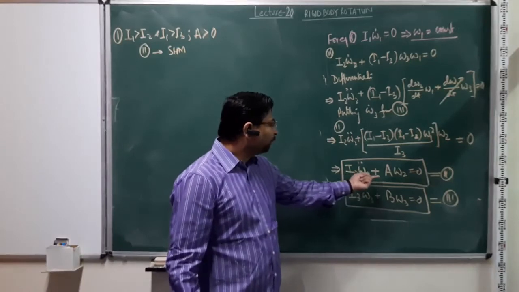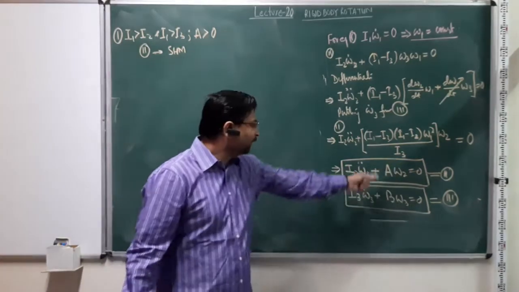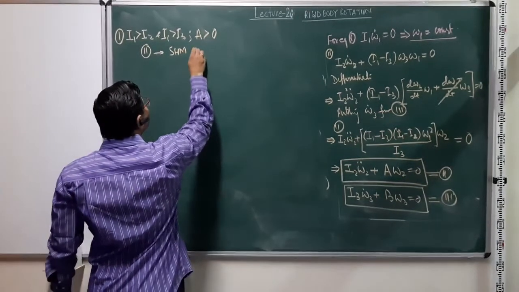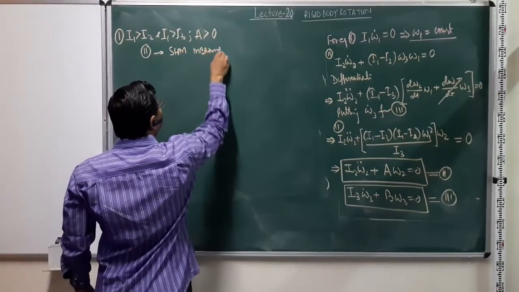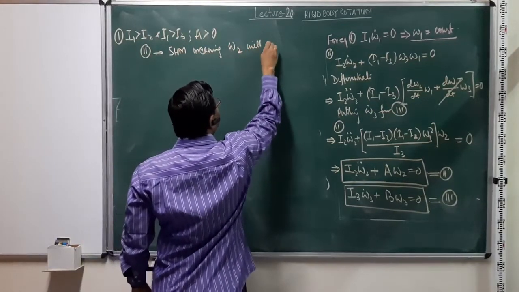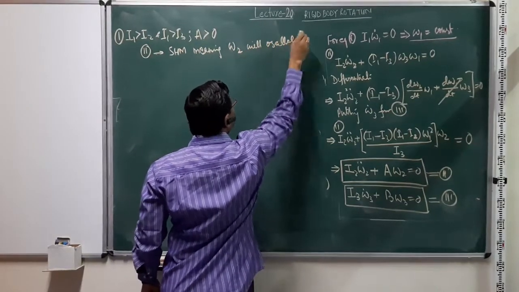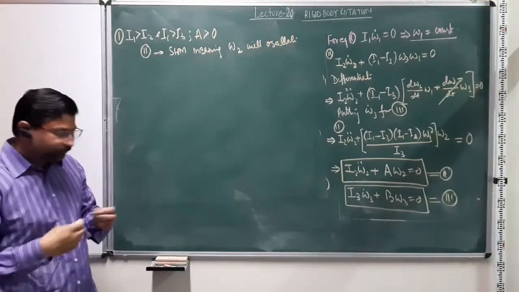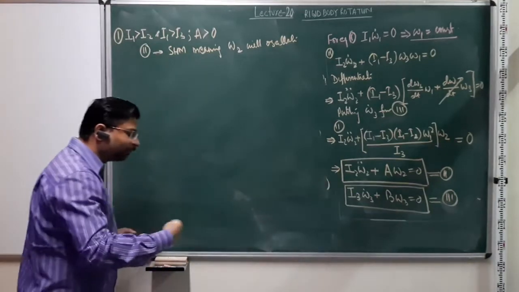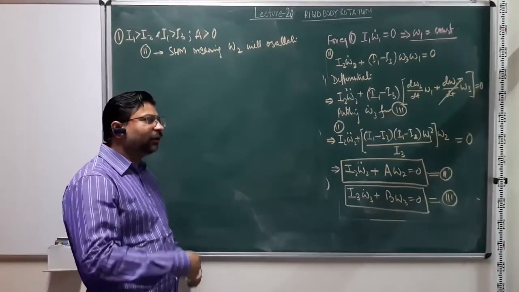I2 omega 2 double dot plus A omega 2 equal to 0 where A is positive. So the equation of a simple harmonic motion, that means omega 2 will oscillate, right, within certain bounds. Okay. Omega 2 will oscillate with this frequency and the maximum amplitude, minimum amplitude. However, it will not diverge.